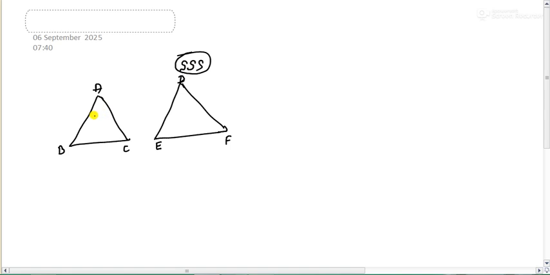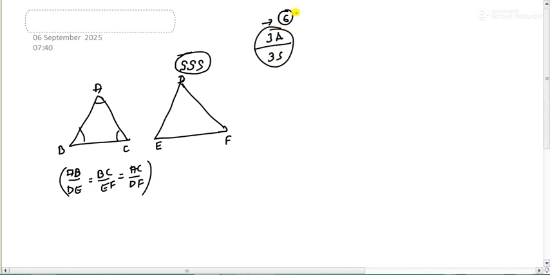See, these two triangles will be similar if only the corresponding sides are proportional, like AB by DE is equal to BC by EF, and that is equal to AC by DF. If these three conditions are given, even if they have not given any angle, see, originally we have a total of 6 conditions, 3 angles and 3 sides, right?